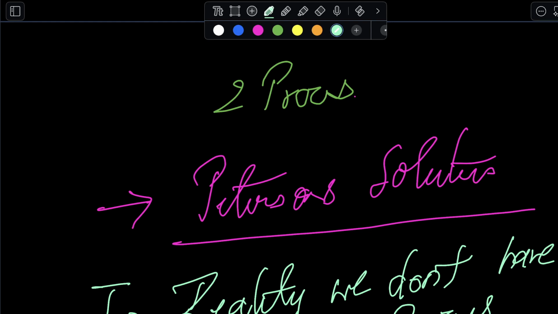Instead, we'll be having more processes, right? So when we have multiple processes that are trying to access the critical section, now what is going to happen?